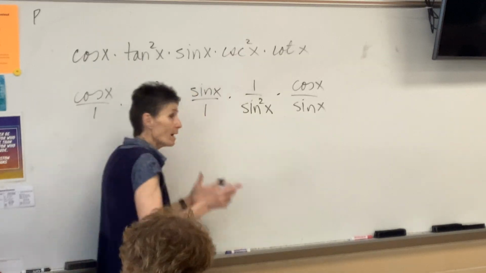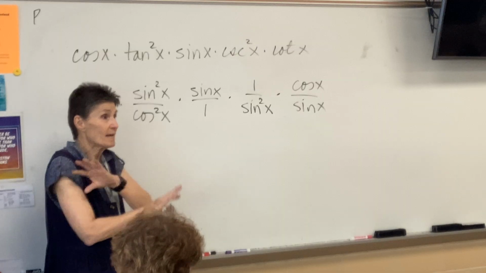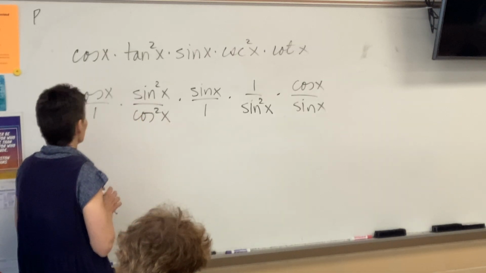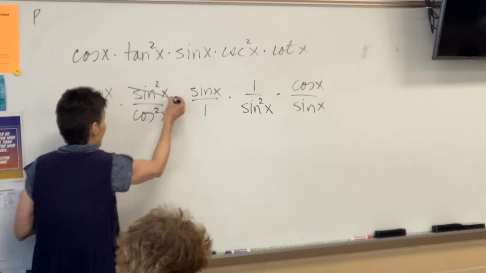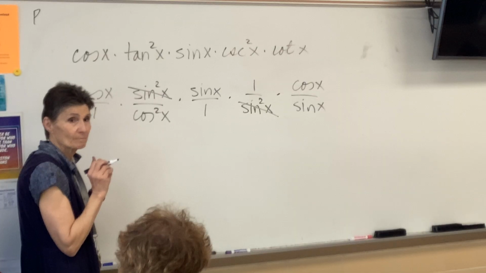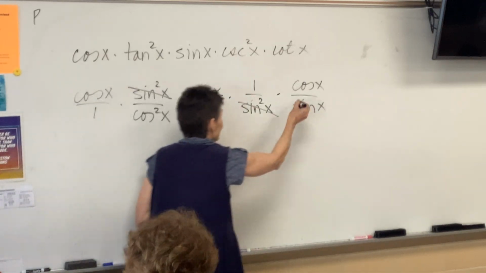Okay. All right. All multiplied. Anything on the top cancels with anything on the bottom, anywhere in the whole problem. So, let's see. I got a sine squared and a sine squared. I can do this in any order, I'm just looking at what's there. I got a sine and a sine.